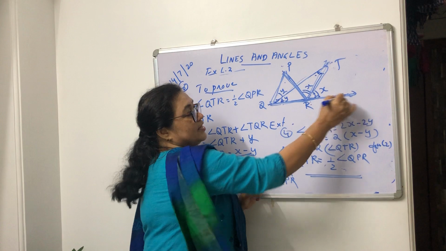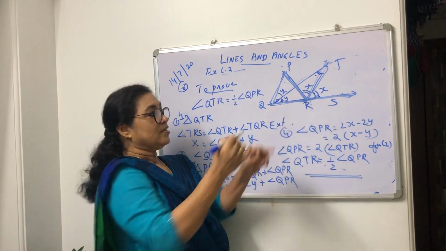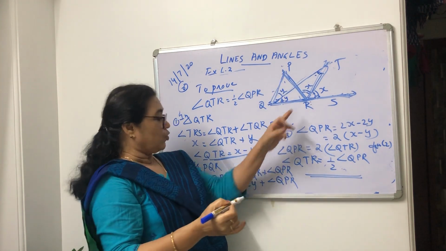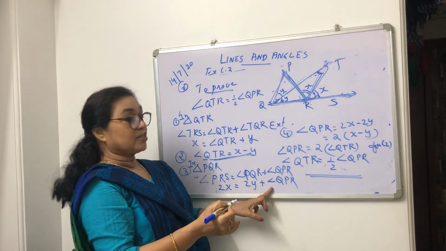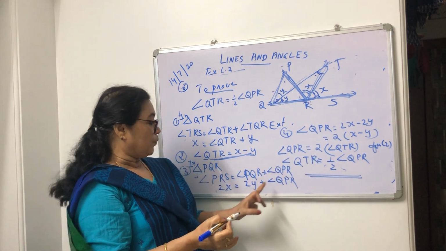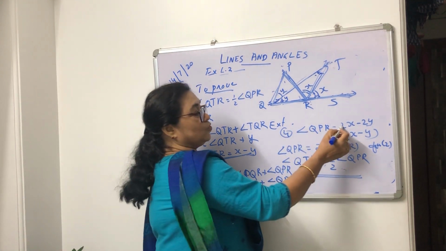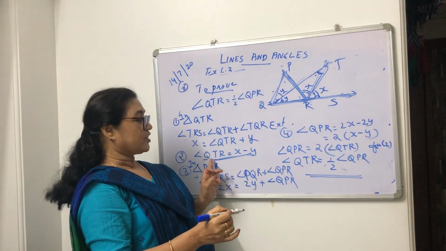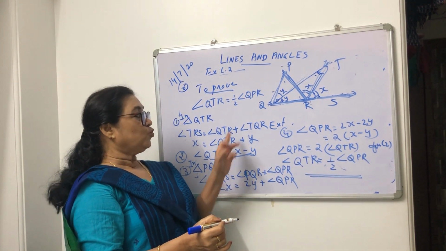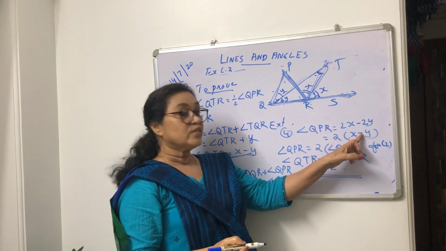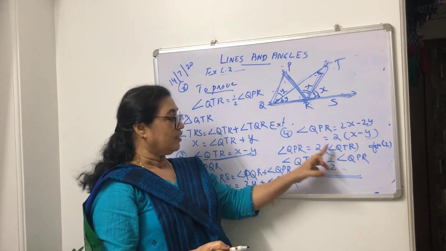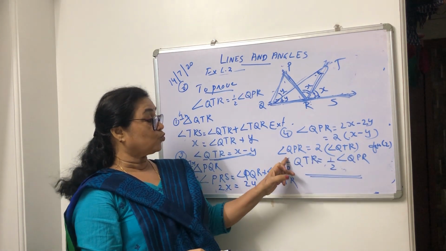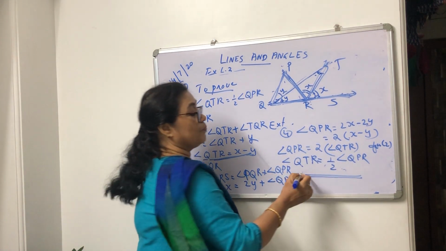So this is our exterior angle, that is our 2x. This is equal to this 2y plus this angle QPR. So 2x is equal to 2y plus angle QPR. Then angle QPR is 2x minus 2y, that is 2 into x minus y. Here you got x minus y as QTR. Substitute this x minus y as QTR. So angle QTR is, this 2 to this side, half of angle QPR.